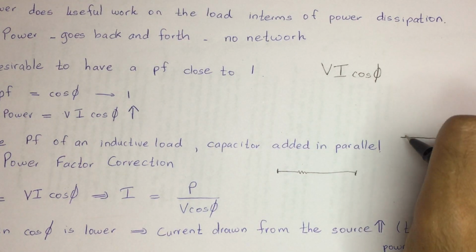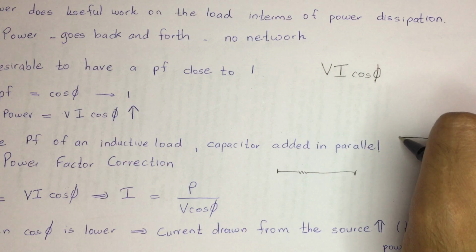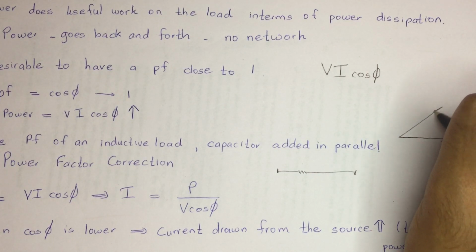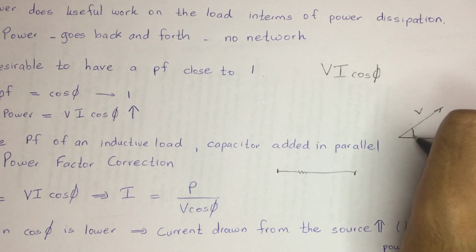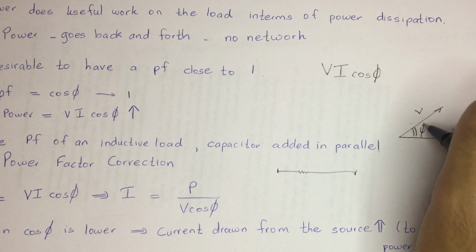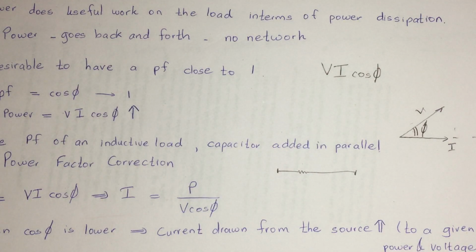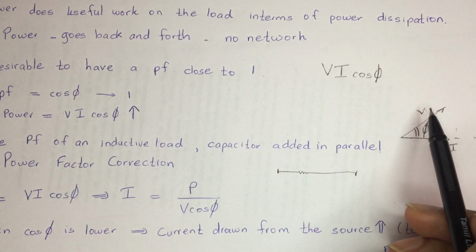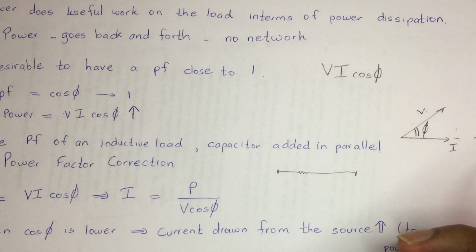Let's say this is the main voltage V of that certain element, and this is phi. When we add another element, the I is not going to change, however the voltage is going to be changed for that certain element.